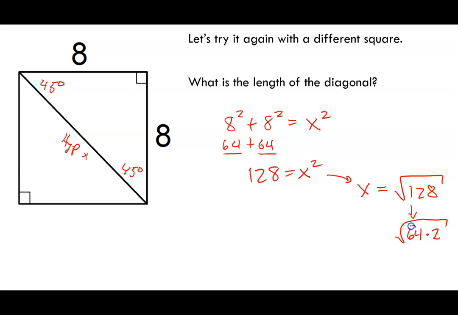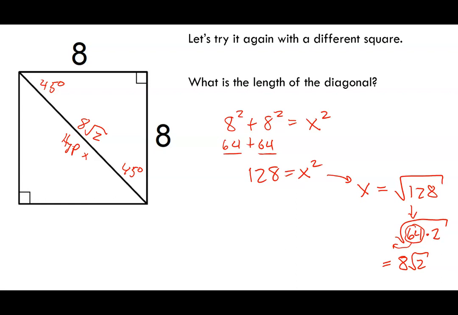And since 64 is an easily square rootable value, we can pull that 64 out and actually square root it. So when you pull the 64 out of the square root, it becomes an 8, and the 2 stays behind. So this is an interesting conclusion. The length of the diagonal is 8 square root of 2. The length of the legs was 8.